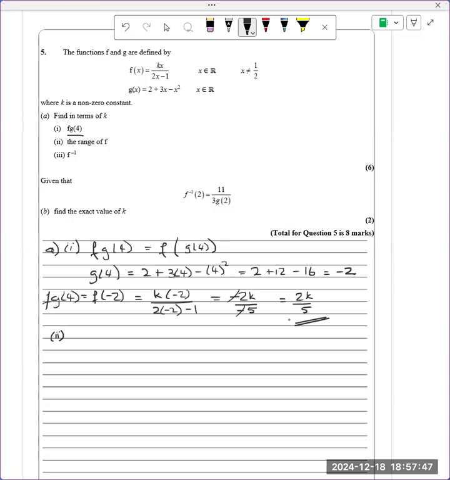If you have a graphical calculator, of course, you can help yourself here by plugging in the function. You'd have to invent a value of k in order to do so. It just says k is non-zero, so I suppose k could be positive or negative.